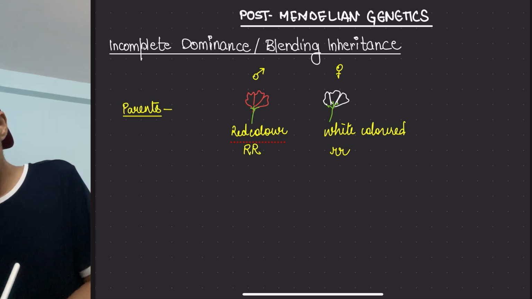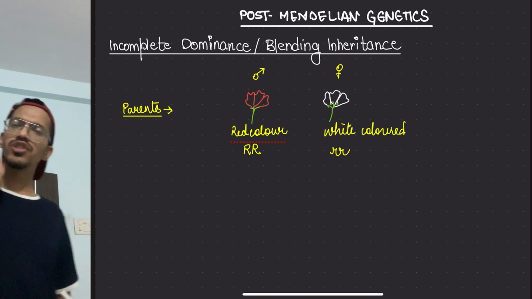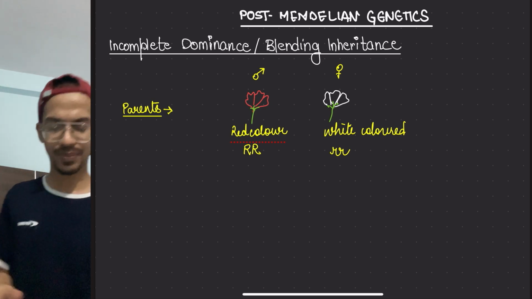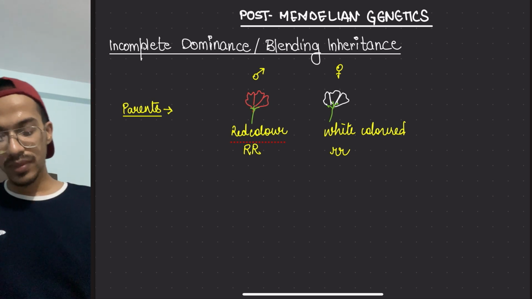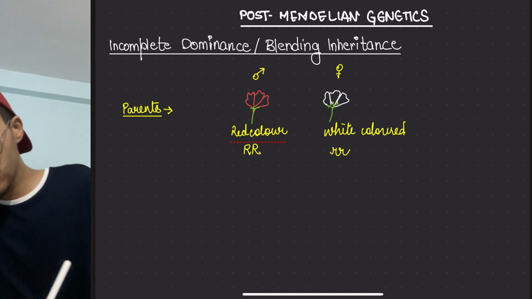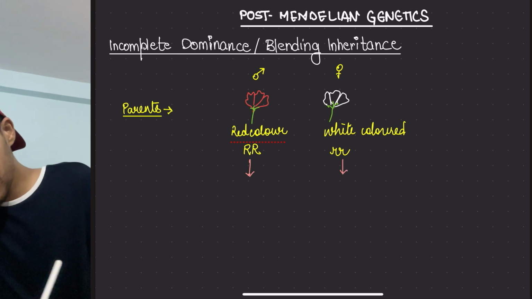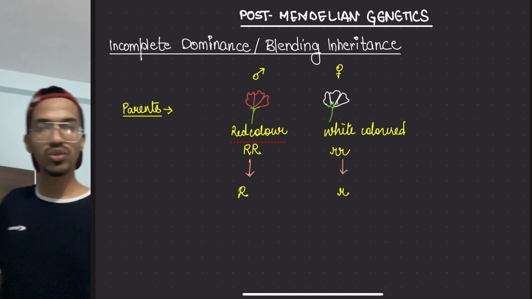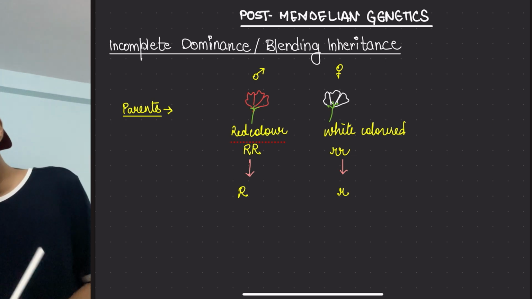We have to just remember the concepts of genetics which I told you in the last two videos. If you haven't seen them, go see them first and come back. Now what will happen? They will make gametes. If we have to do sexual reproduction, they have to make gametes. What will the gametes look like? This will form only R type gametes, and this will form small r type gametes.